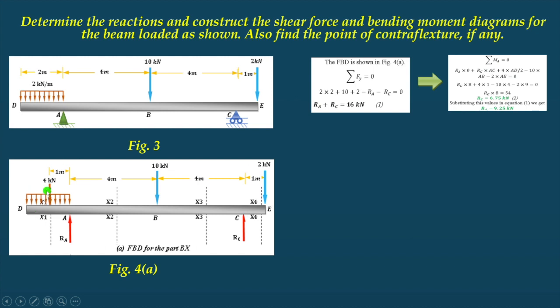Why AD by 2? Because the point of application is the middle, meaning AD divided by 2. This is the distance from A, and magnitude 4. So 4 into AD by 2.